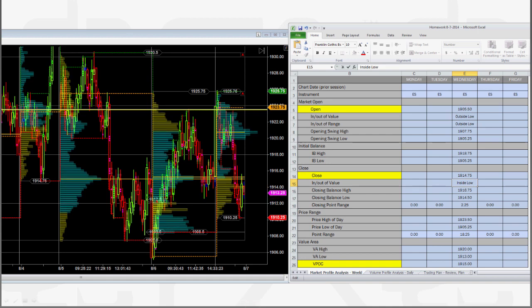If you get a low volume area that lines up with the top or bottom of IB, and you're starting to get volume on the other side of IB, take that trade just in front of IB, just in front of that low volume area.